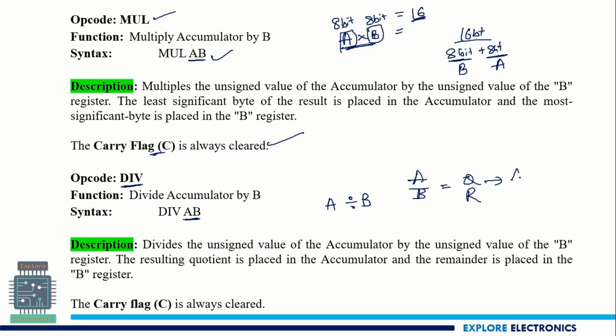The quotient will be placed in the accumulator register, and the remainder will be placed in the B register. Similarly, in the multiply instruction, the lower 8 bits are in the accumulator and the upper 8 bits are in the B register. Here the quotient will be in A and the remainder in B. Here also the carry flag will be cleared after this instruction is executed.